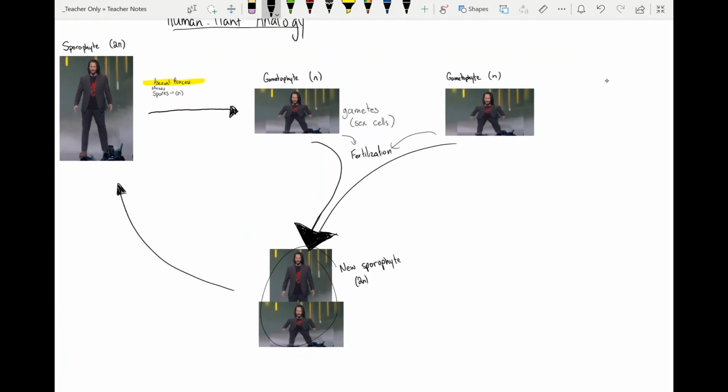Now, one thing I'll say is different stages are dominant in different organisms.